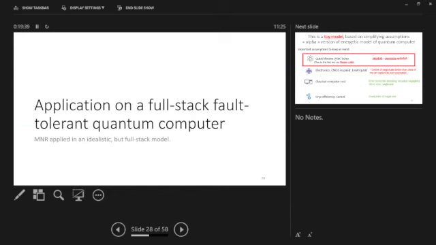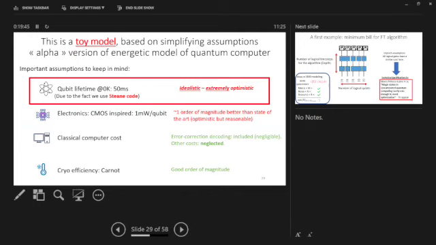And then we are ready to apply this on a complete model of a quantum computer and do the optimization. Here I would like to recall that it's a toy model, because it has simplifying and optimistic assumptions. For me, the most important assumption is really the lifetime of the qubits we use. It's related to the code we use, which requires very good qubits.